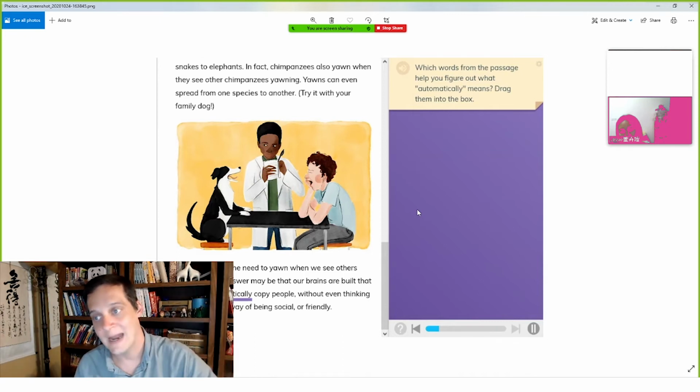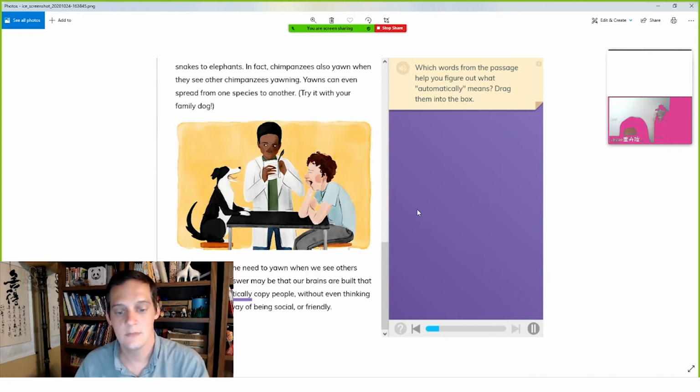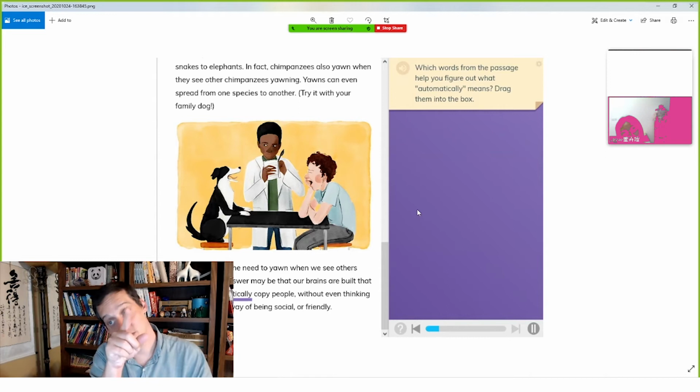out what automatically means. So from this little paragraph, can you tell what automatically means? Always. We always copy people. You know, sometimes the meaning of a word will usually come after what we call a comma.